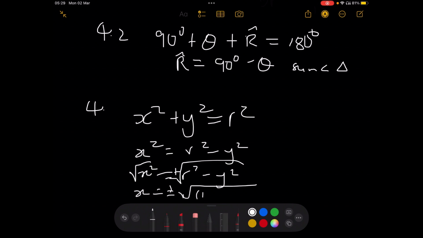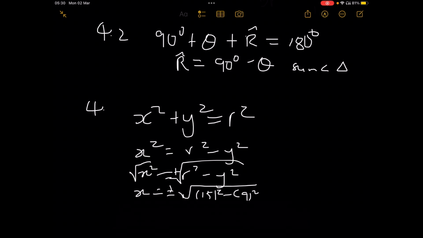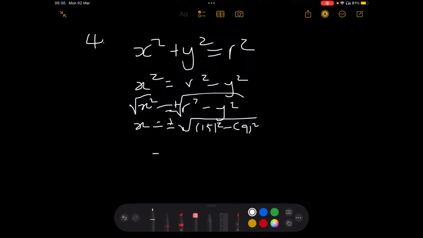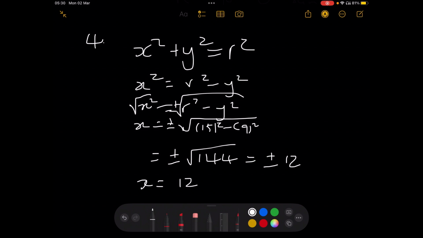Our r is 15 and our y is 9, squared. And that we get plus or minus square root of 144, which is equal to plus or minus 12, which is the square root of 144. Now conclude that x is equal to 12.